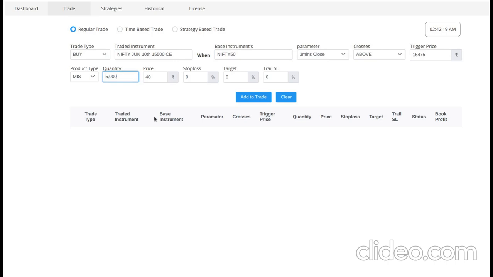That means the maximum quantity per order is 5,000. So for Nifty with a 75 lot size, it becomes 4950, the maximum quantity per order.